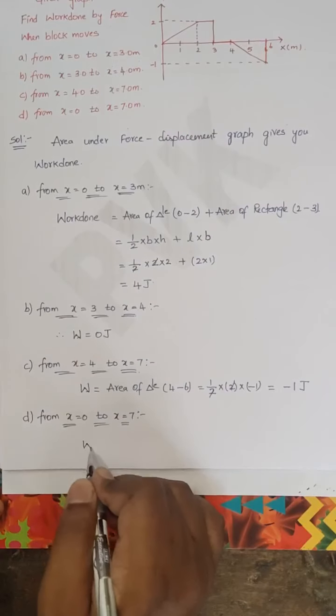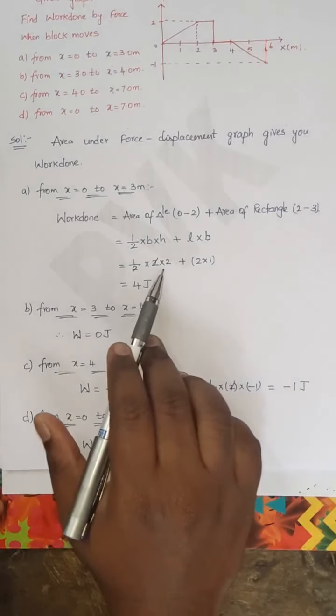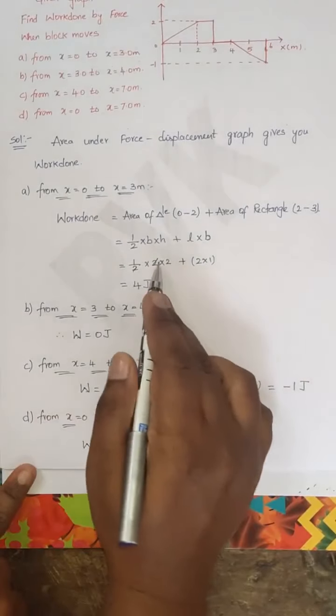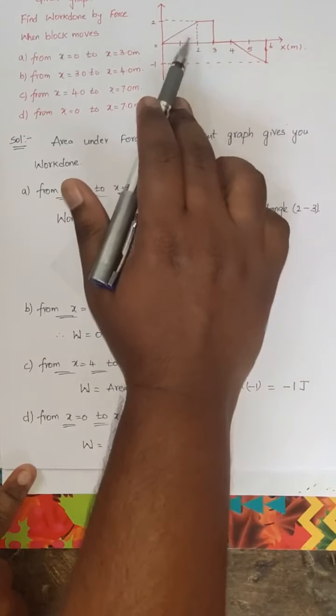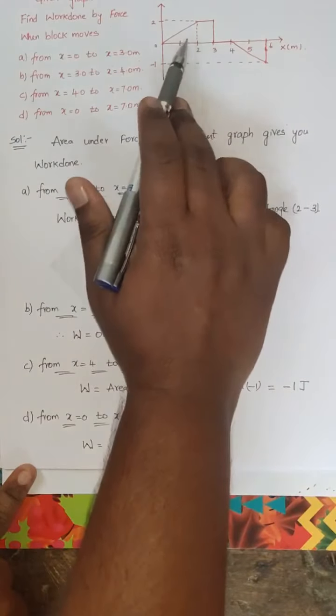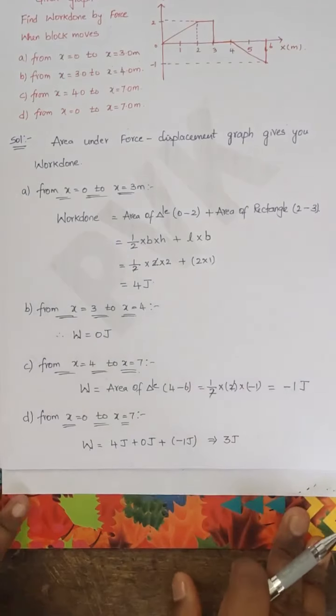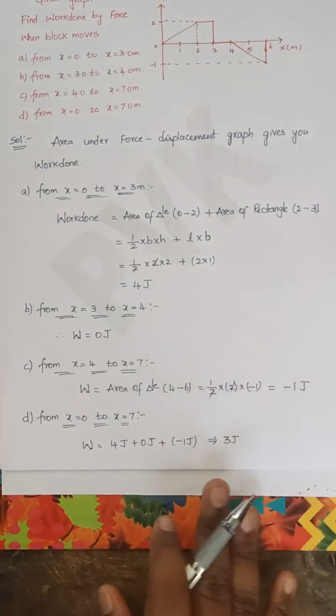From 0 to 3 we got 4 joules, from 3 to 4 it is 0 joules, and from 4 to 7 we got -1 joule. Adding all these together, we get the total work done from 0 to 7 as 3 joules. So this is the problem, children. Please be careful while doing the calculation part.